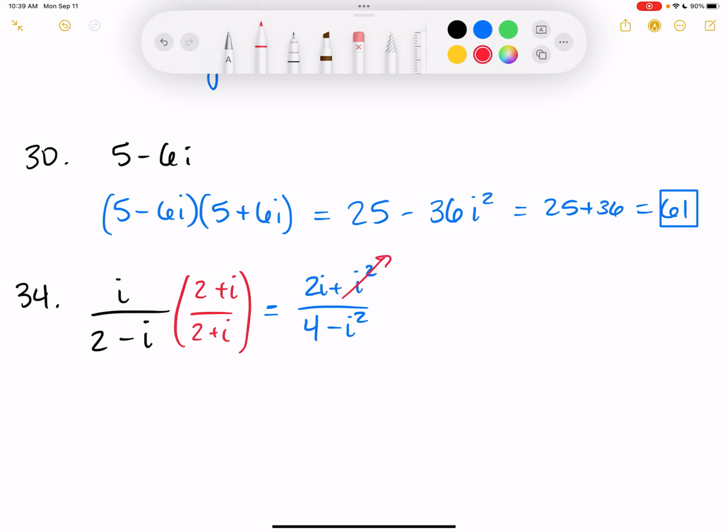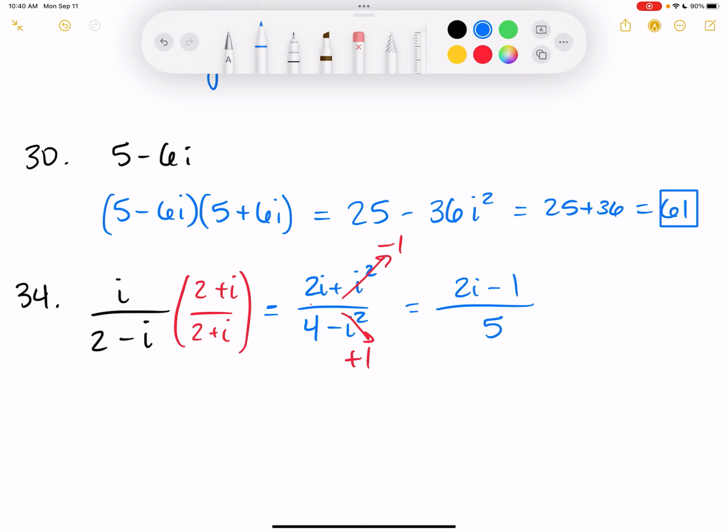So i squared is negative 1. So down here, this is going to become plus 1. So I've got on top 2i minus 1 over 5. But I'm not done.